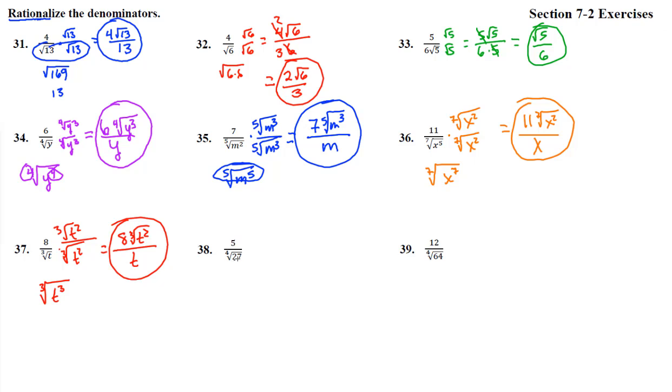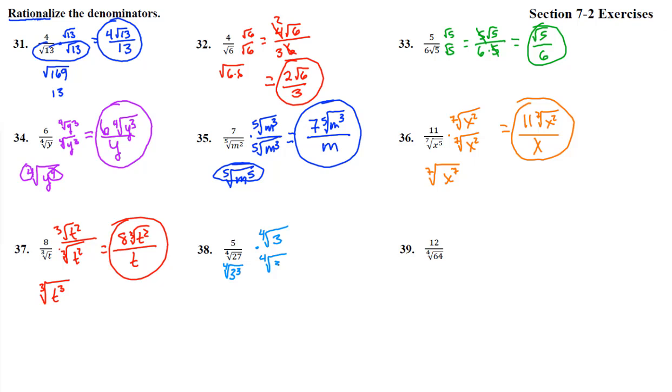Number 38 looks a little bit trickier here. Here we have the 4th root of 27. Now we could multiply top and bottom by the 4th root of 27 cubed and have a huge number here. But there's some simplification that can happen here first. Notice this. This is actually the 4th root of 3 to the 3rd power. This is already a perfect cube. We already have 3 3's in here. So really, we only need to multiply the top and bottom by 1 3.